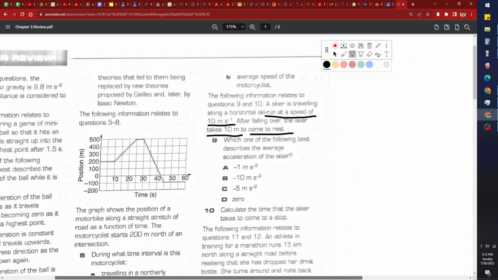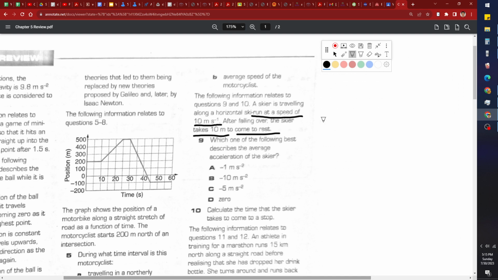Okay, that's a lot of information. I'm going to write it down right away. So I know U is 10 meters per second. I know the distance he took to stop was 10 meters. And we know that he stopped because it says he came to a rest, so V is 0. Okay, that's the information we know so far.